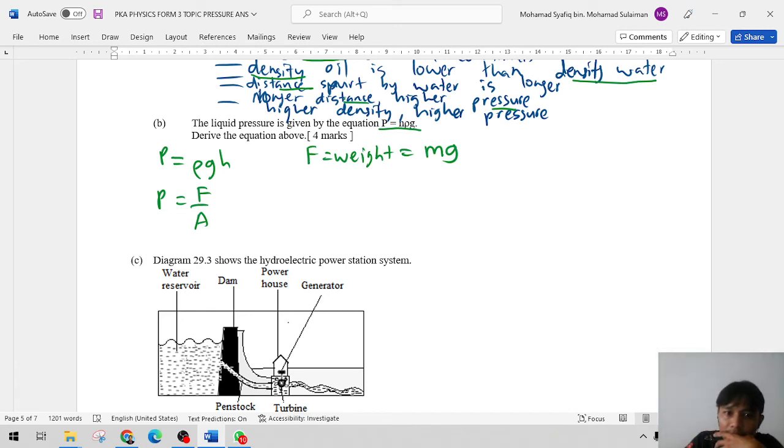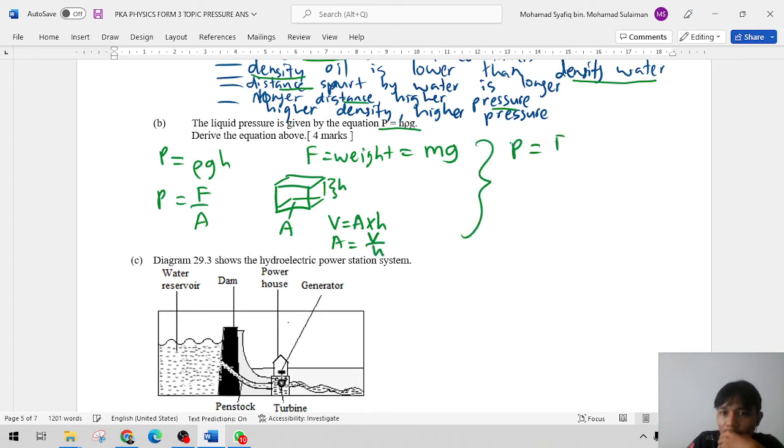Okay, and area, if we have a box, this one is area. If we times the height, volume is equal to area times height. So area is equal to volume divided by height. So from that, if we use the equation P is equal to F over A, F is equal to mg, and area is equal to volume over depth, height.